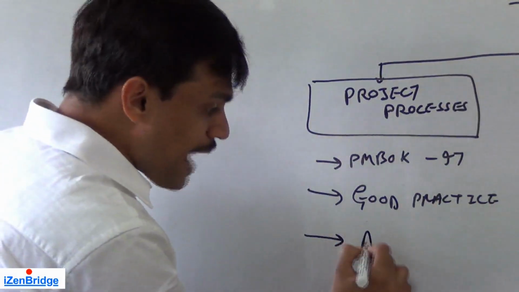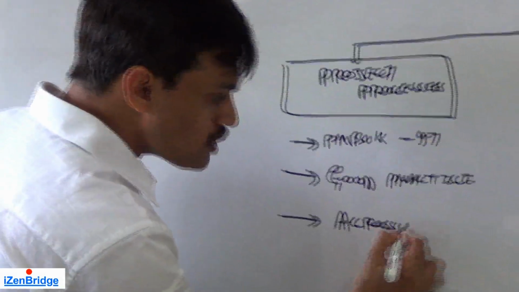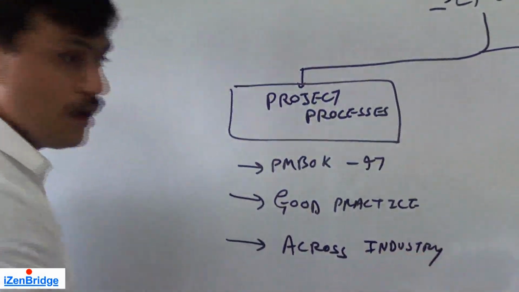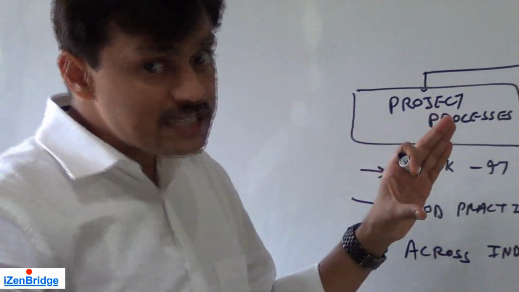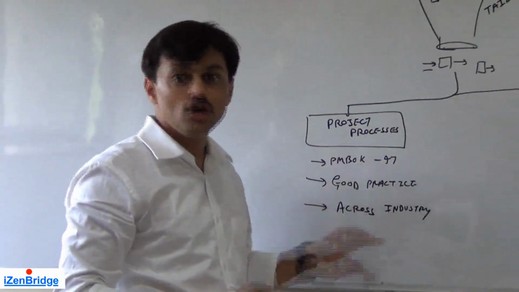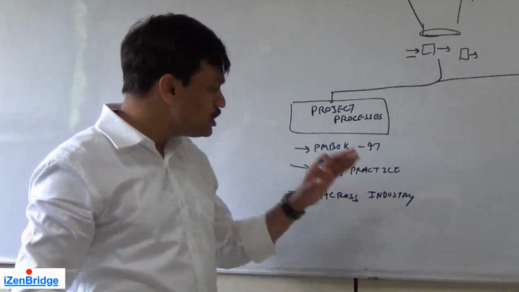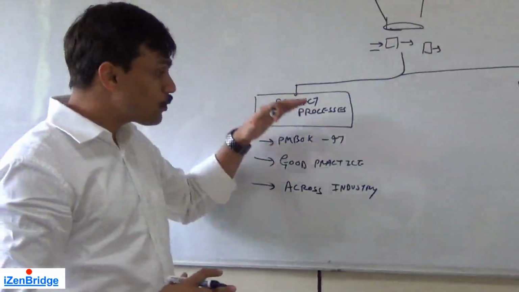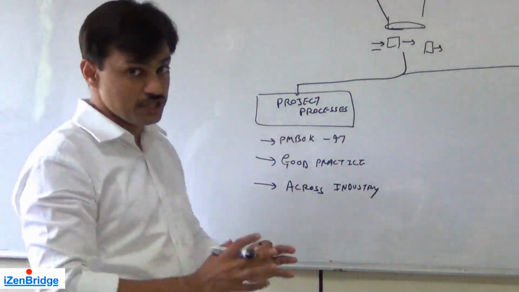They are applicable across industries. Meaning if you are executing a project in the civil industry or in the healthcare industry, for both industries, these project management processes would be relevant, because project management processes help us in executing projects well.